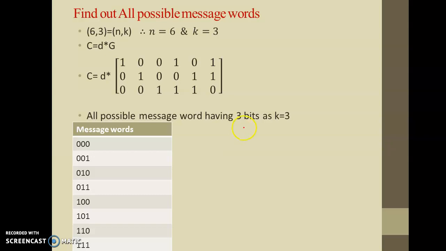For that, we are going to convert 0 to 7 decimal numbers into binary format. What you get is these 8 message words listed over here. Why 8? That is 2 raised to k, that is 2 raised to 3 is equal to 8. So a total of 8 message words are there and we need to calculate the corresponding code words.